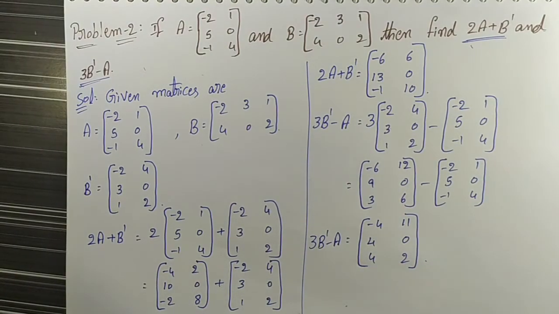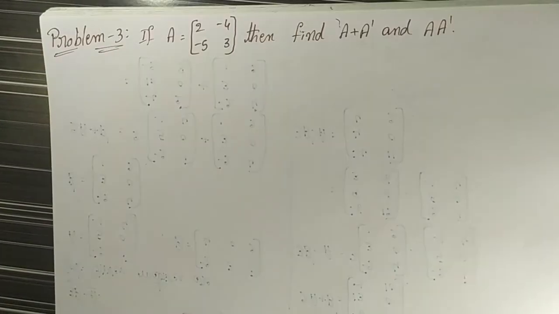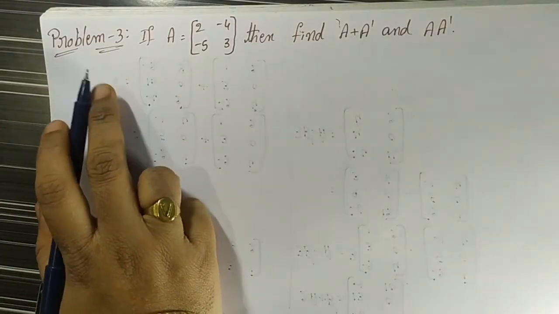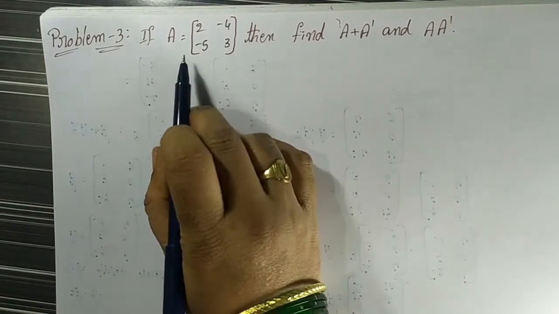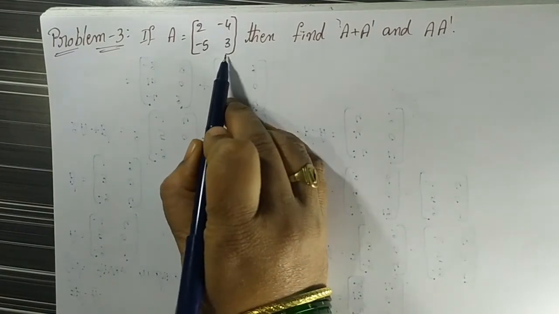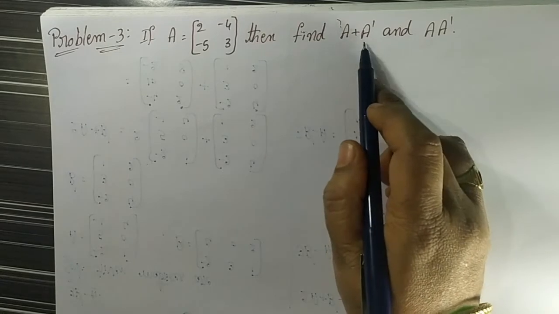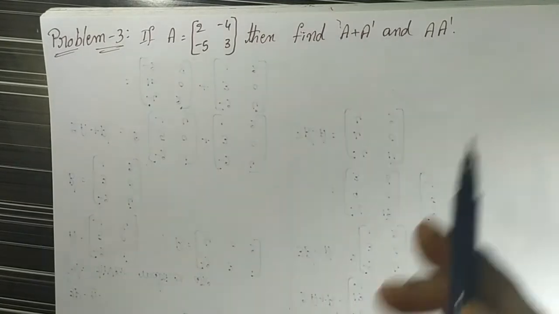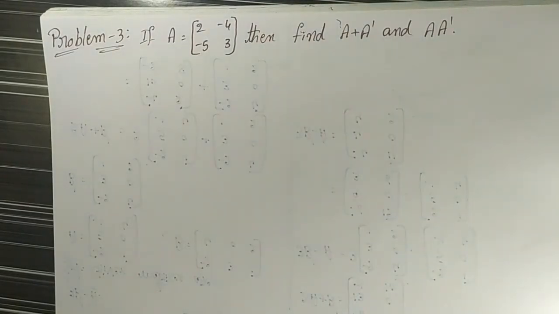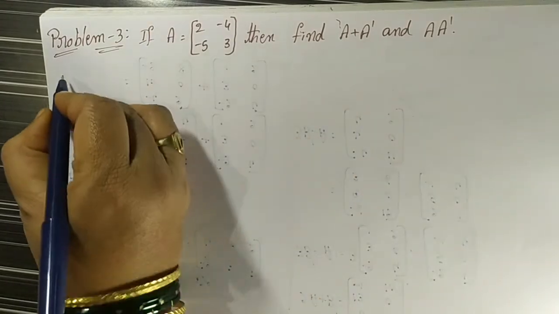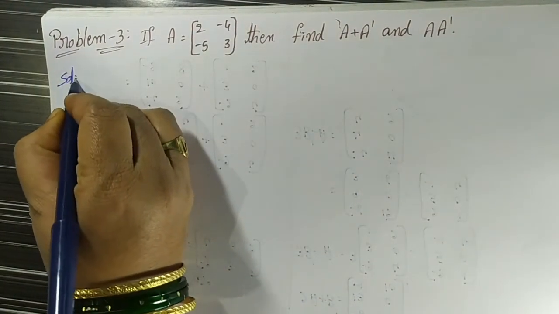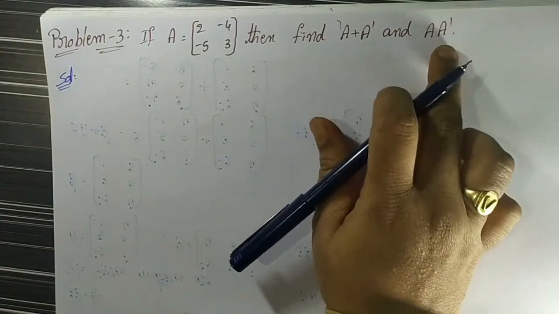Next, similarly we can find the third problem in the same section. The next problem, problem number 3. The problem is: if A equals [2 -4; -5 3], then find A + A' and A into A'. This is our given problem. In this problem we have to find the A + A' and AA' values.